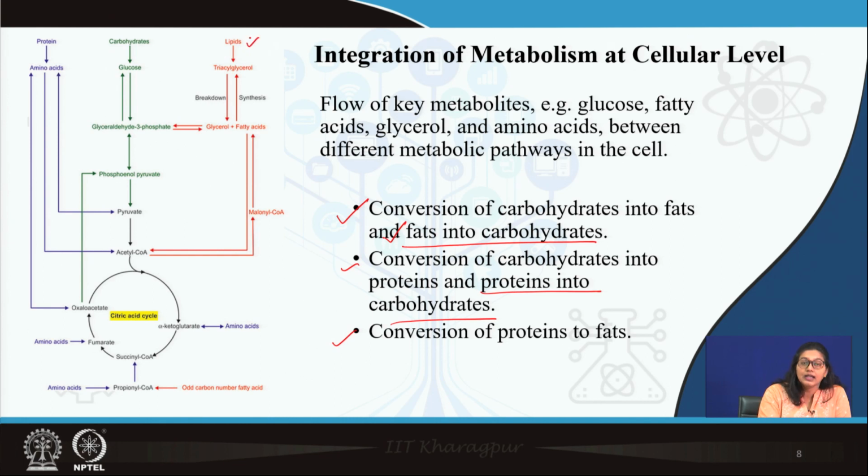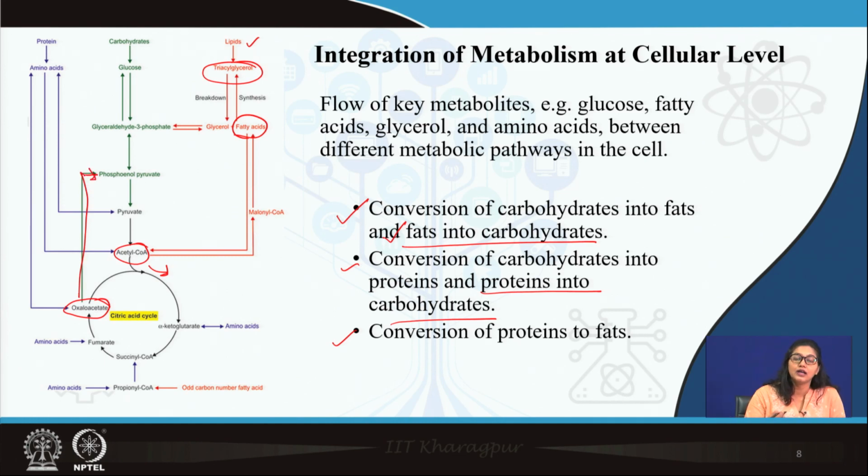You can see lipid, triacylglycerol, when it is broken down gives rise to fatty acids. That fatty acid, on beta oxidation or other types of oxidation, finally produces acetyl coenzyme A. That acetyl coenzyme A enters the TCA cycle and can produce energy, or the TCA cycle, on requirement, from oxaloacetate can form phosphoenolpyruvate. So, that is our gluconeogenesis.